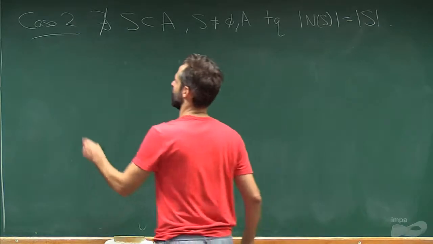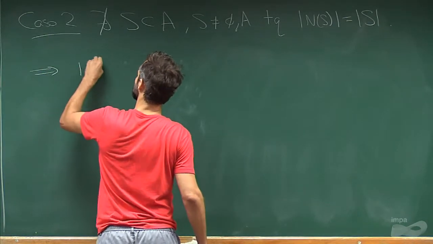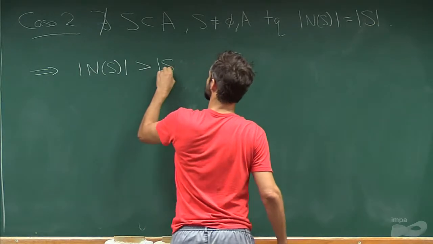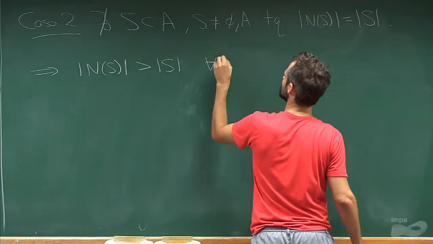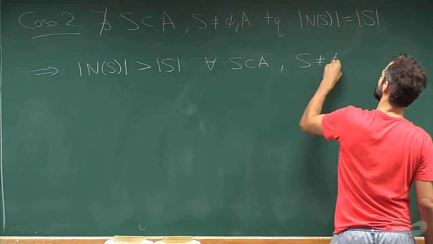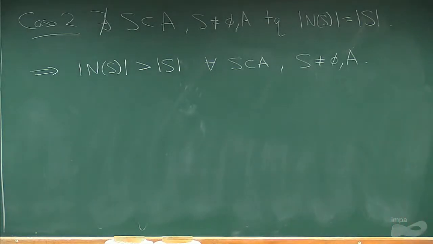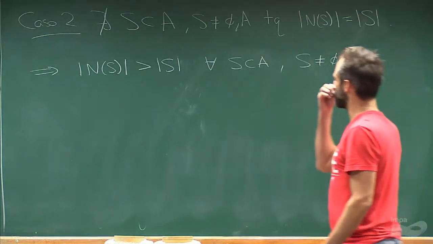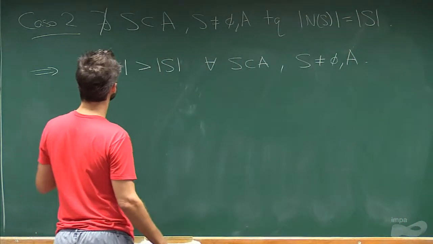So this implies by Hall's condition that the neighborhood of S is strictly greater than S for all of these sets. We just have a stronger condition. So we should win by more, but what do you do in this case?